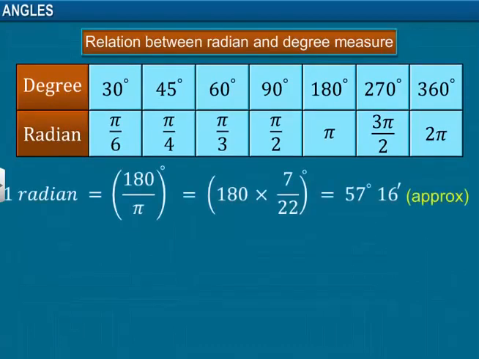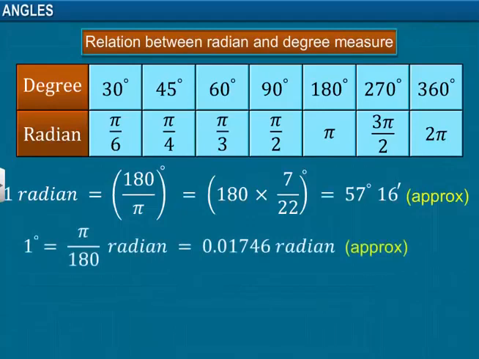On substituting the value of pi as 22 divided by 7, 1 radian is equal to 57 degrees and 16 minutes approximately, and 1 degree is equal to 0.01746 radians approximately.